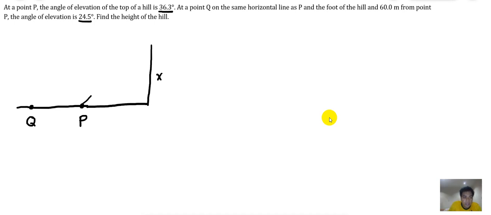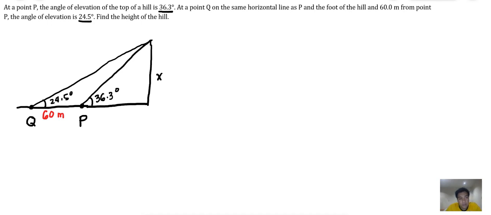So the angle of elevation of point P is 36.3 degrees, and the angle of elevation of point Q is 24.5 degrees.